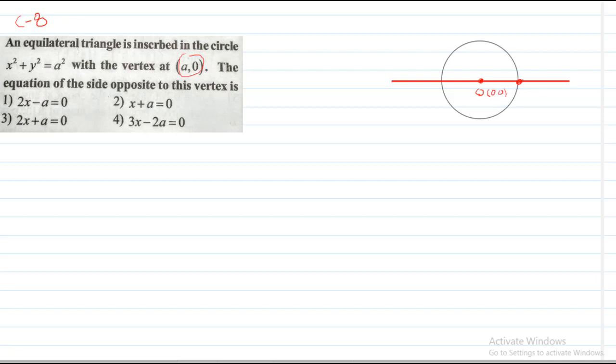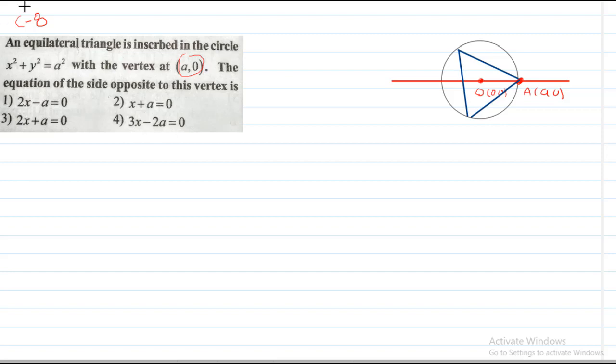So automatically this is one of the vertices of the triangle, A, that is small a, 0. Now I want the remaining sides of the triangle. This is one side, this is another side, this is the third side of the equilateral triangle.